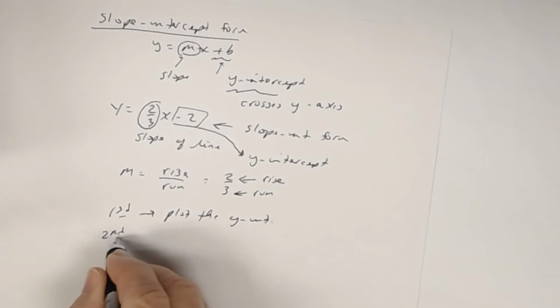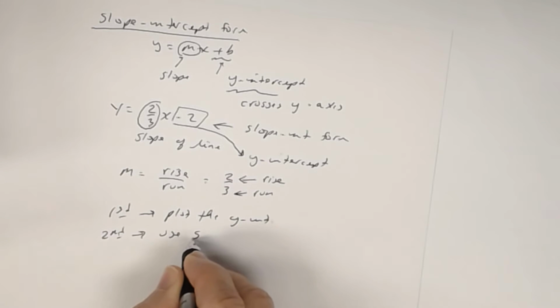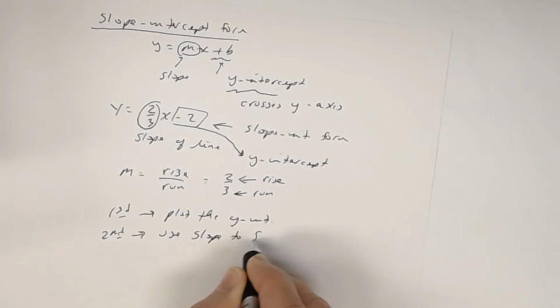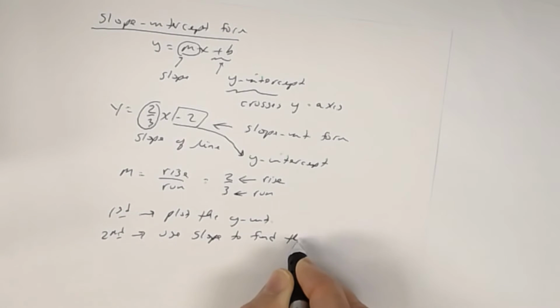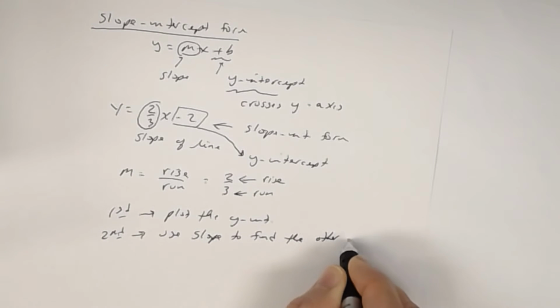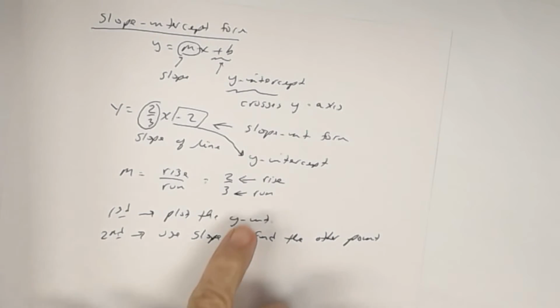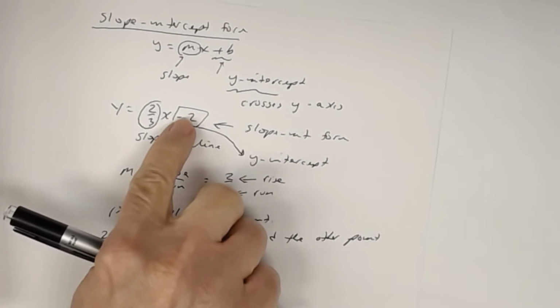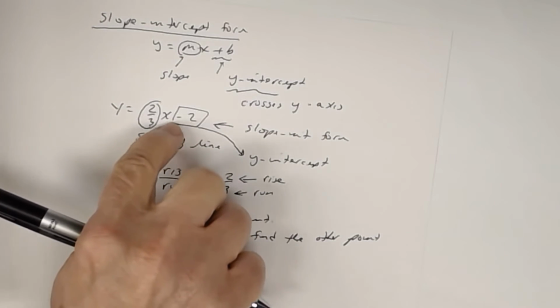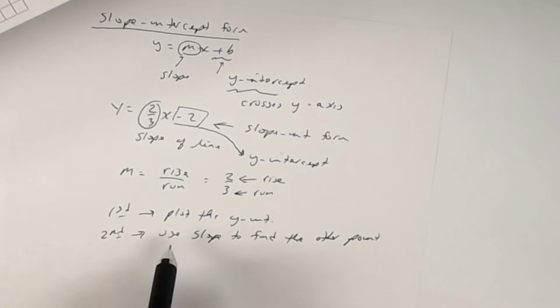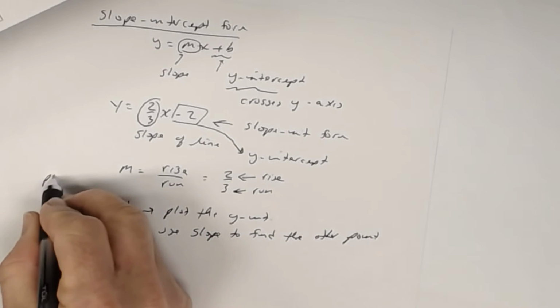Then the second thing you're going to do is use the slope to find the other point. Okay? So watch how easy this is. Very easy. So my y-intercept's -2, not 2, -2. Make sure you keep that sign with it. So to graph this line, you got to plot 2 points.